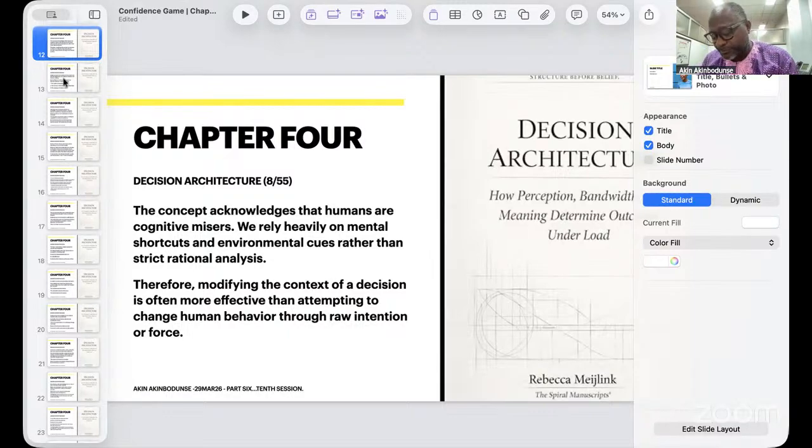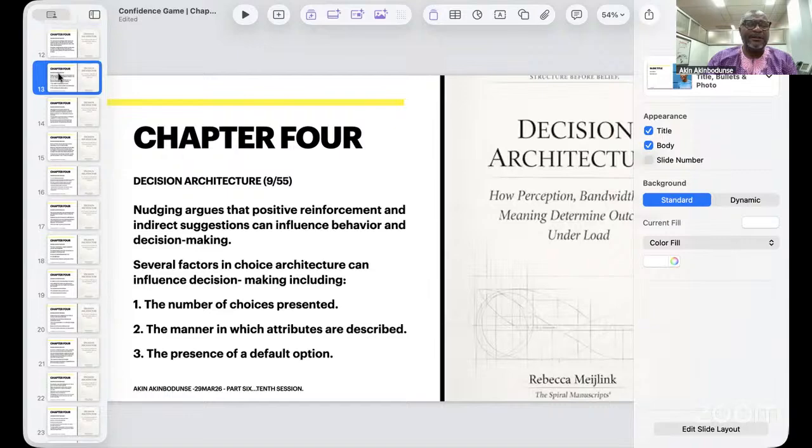We can modify the environment rather than trying to change ourselves. It's human nature, right? It's going to take a lot to change us from being who we are, but we can change our environment more easily to address our shortfall, right?